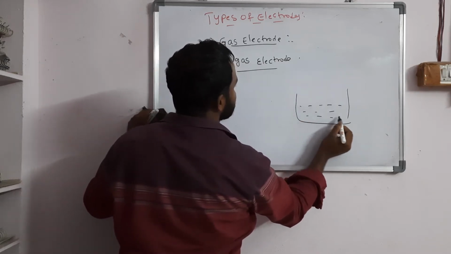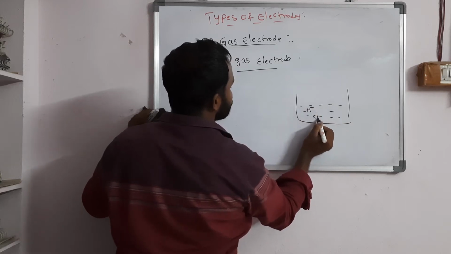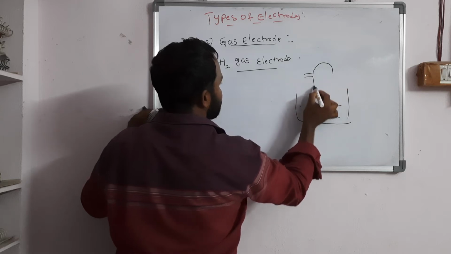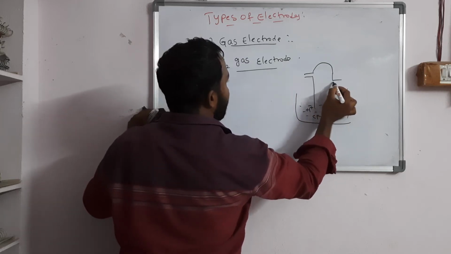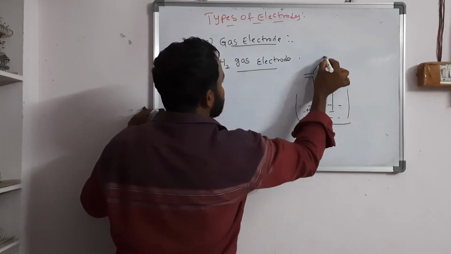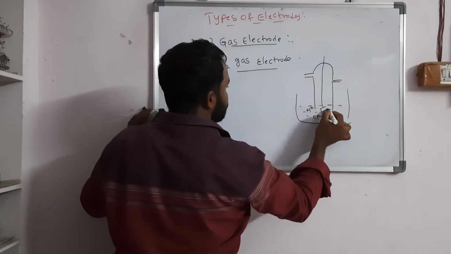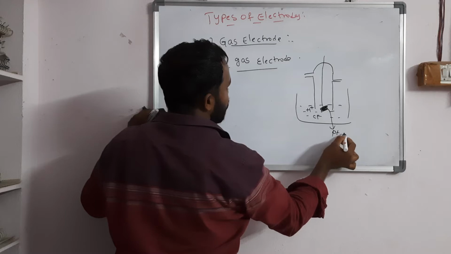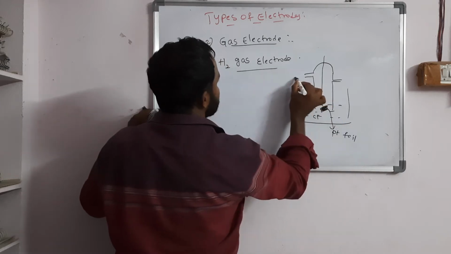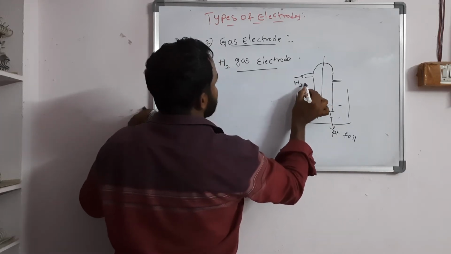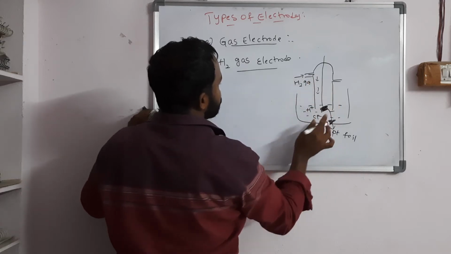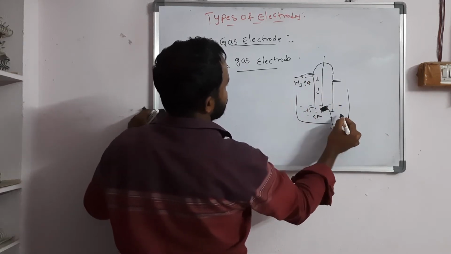It contains HCl solution, that is H plus and Cl minus, and this is the platinum foil. Hydrogen gas is bubbled through the HCl solution.